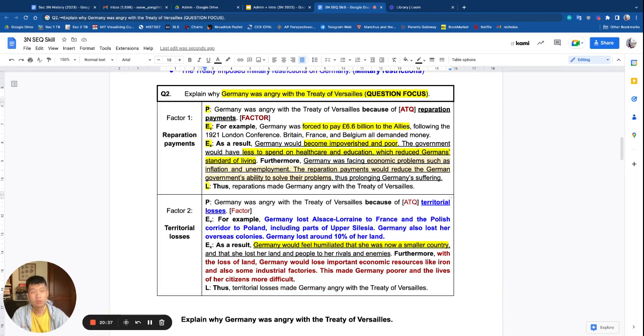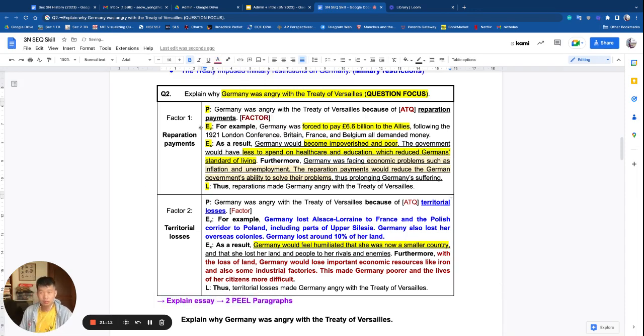Okay, so you can pause now for a minute and write in any explanations you might have missed out. And at this point, I think the structure of the essay is quite clear now. The explain essay, please note this, you need 2 PEEL paragraphs, which means you need 2 factors, 2 factors to be able to do 2 PEELs.